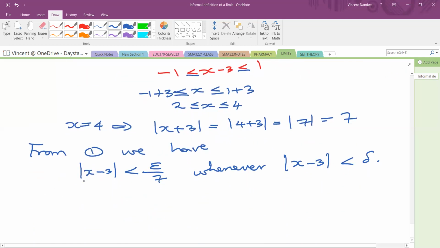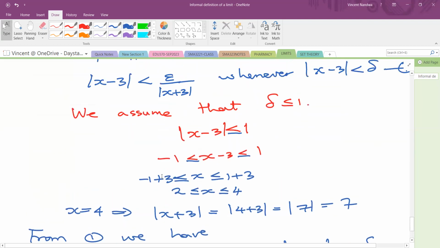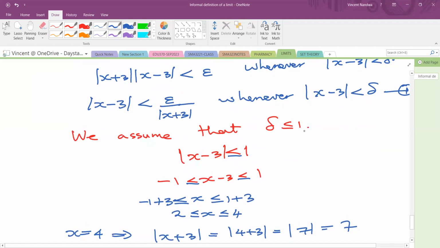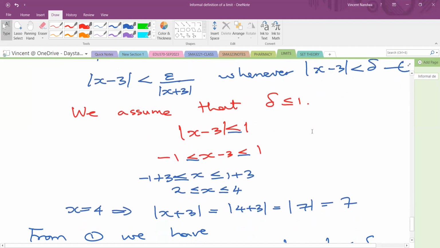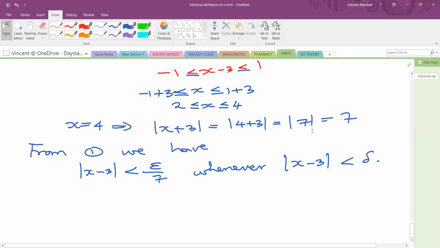So therefore, the minimum value of delta will be given by either epsilon over 7 or what we have assumed to be 1, but the smallest of the two, because the interest is to get the smallest possible positive number.